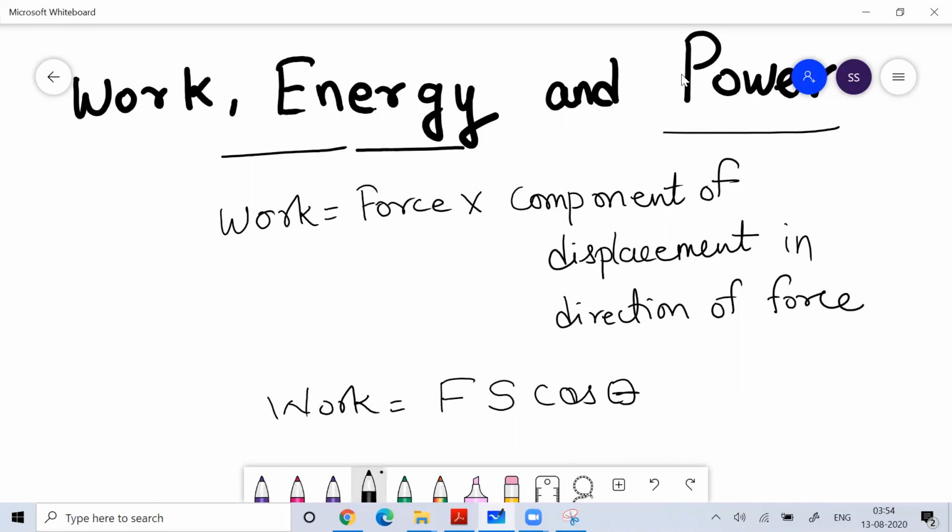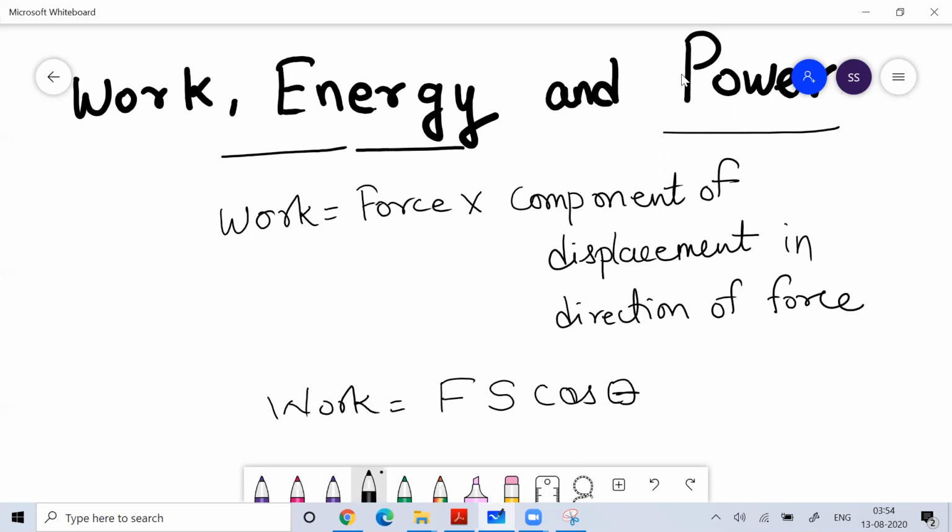Likewise, if the body is not moving at all, like when you try to push a wall, no work is done. So the basic understanding is that work is equal to F into S into cos theta.